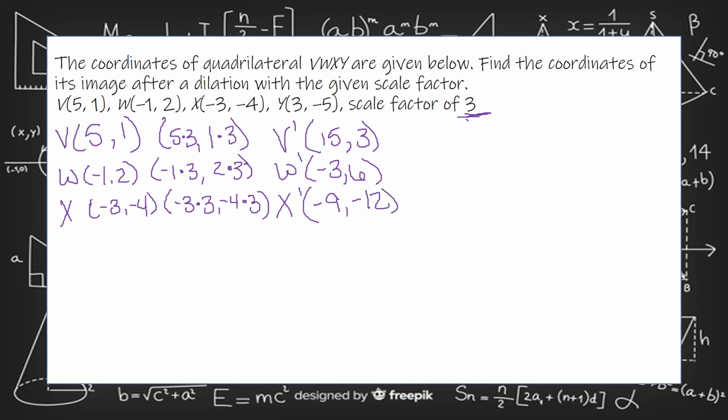And then last but not least, we've got Y, and that is 3, negative 5. So 3 times 3 and negative 5 times 3. So 3 times 3 is 9. Negative 5 times 3 is negative 15. And that is it. So when you have a scale factor, you're just going to multiply each part of the coordinates by the scale factor.